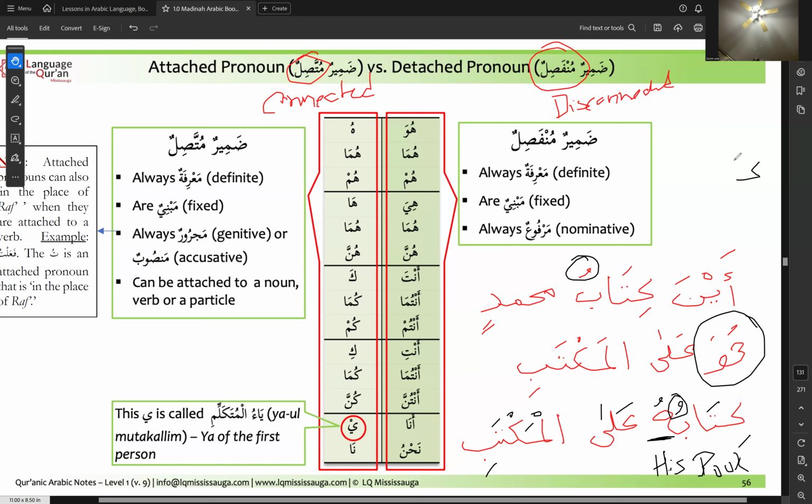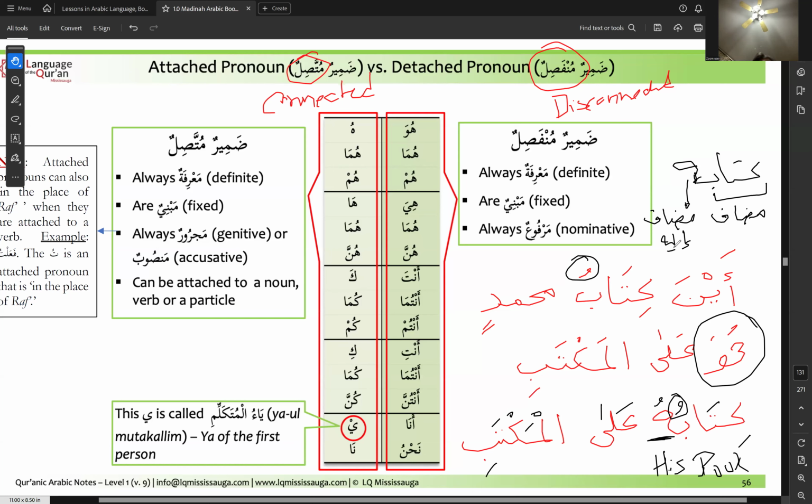So kitabuhu: this kitab is mudaf, and this ha is mudaf ilayh. These words on the left side will be connected at the end of isms, of nouns.